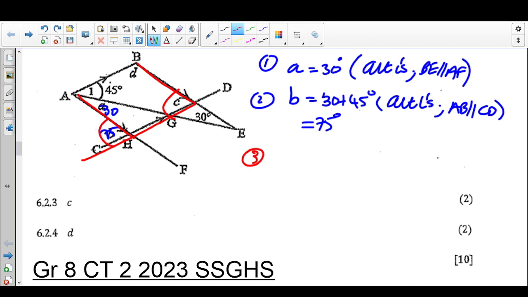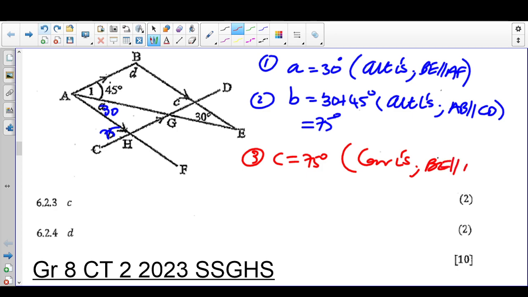So c is 75, corresponding angles, with BE being parallel to AF. Okay? So c is 75 degrees, corresponding angles, with BE being parallel to AF.